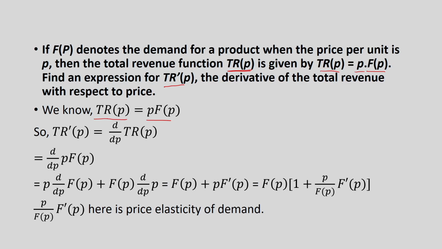So, we have to take the first derivative of total revenue with respect to price. That is what we are doing here, and instead of TR, that is the total revenue function, we write it as p multiplied by f(p), demand multiplied by price. And then we are using simply the product rule in the next step. Okay.